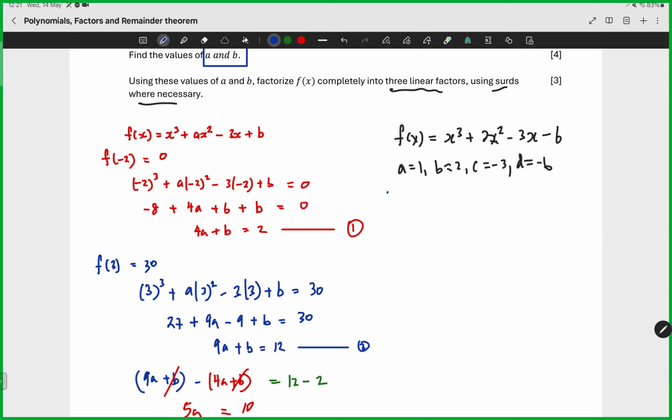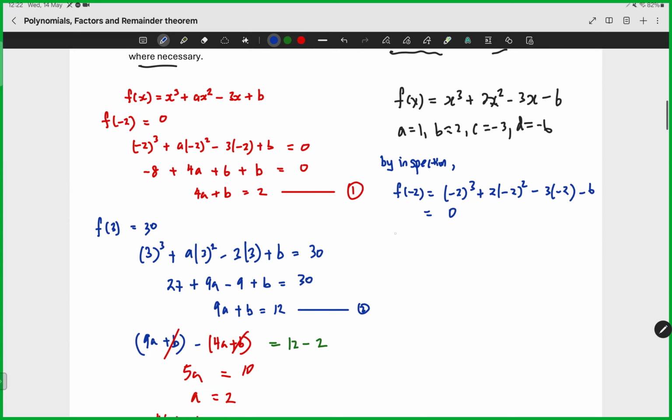So that means x plus 2 must be a factor. So I can add in a statement, by inspection, f(negative 2) equals negative 2 cubed plus 2 times negative 2 squared minus 3 times negative 2 minus 6. Since it has been verified by calculator, this is definitely equal to 0. Therefore we can conclude that x plus 2 is a factor.